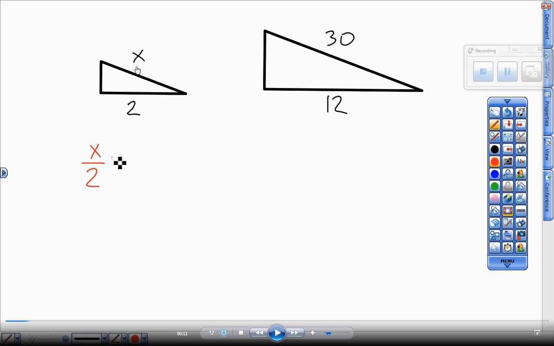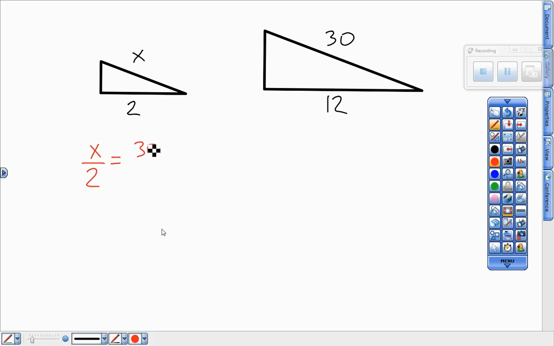So I could do x over 2, this long side over the bottom, as long as I set up the other fraction as this long side over the bottom. So x over 2 equal to this long side over 12. That's one combination. X over 2 equal to 30 over 12.